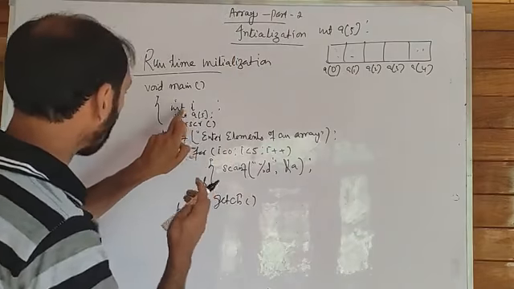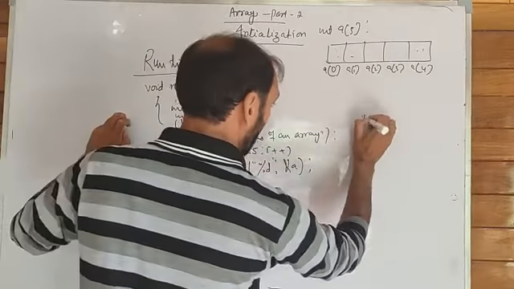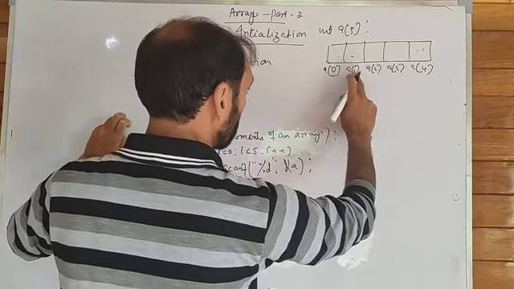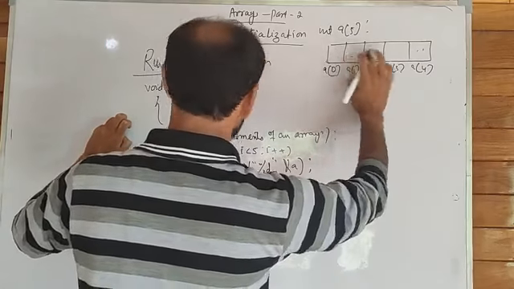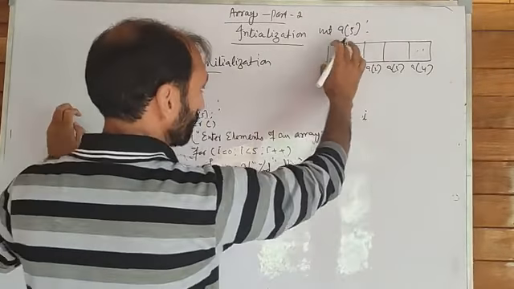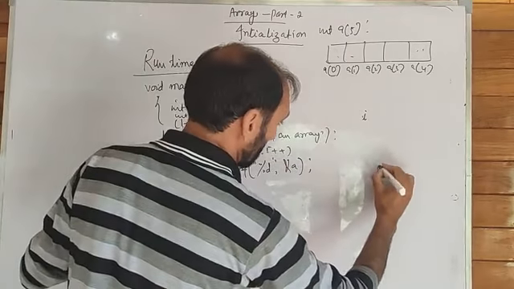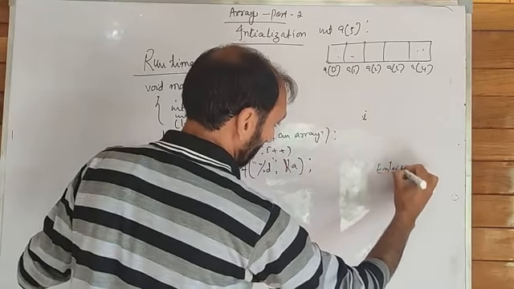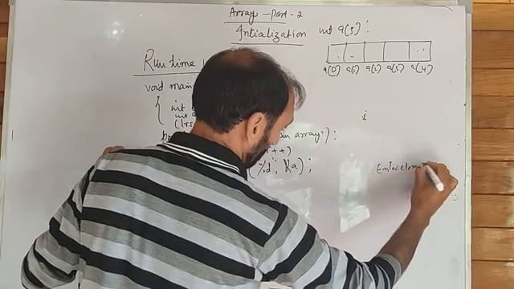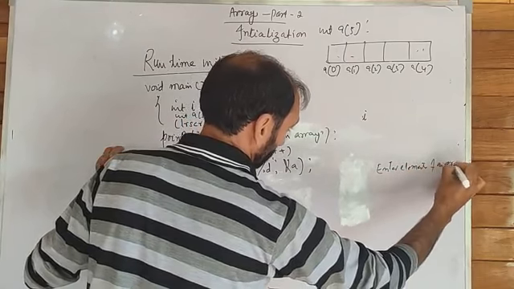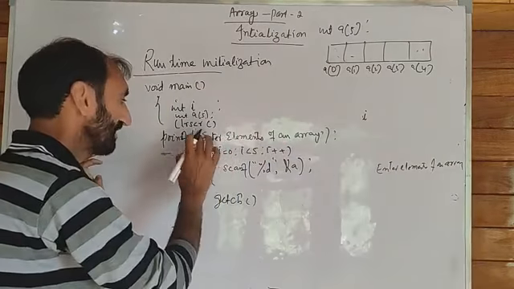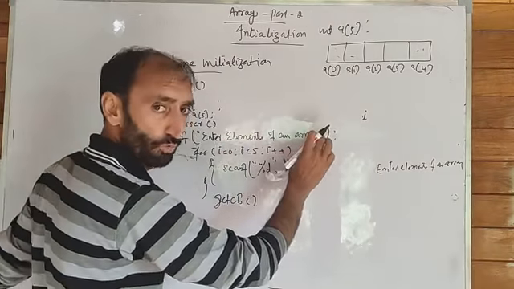For example, for an array with elements a of 0, a of 1, a of 2, a of 3, we use a loop. We prompt: enter elements of an array. Whatever is in between these quotes gets displayed.